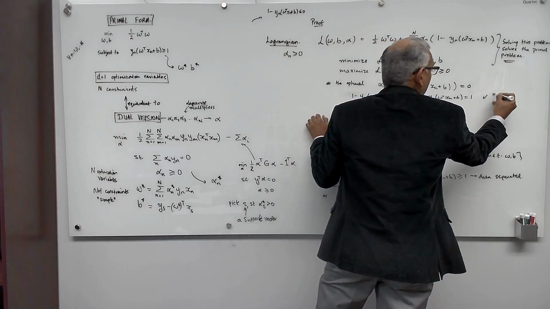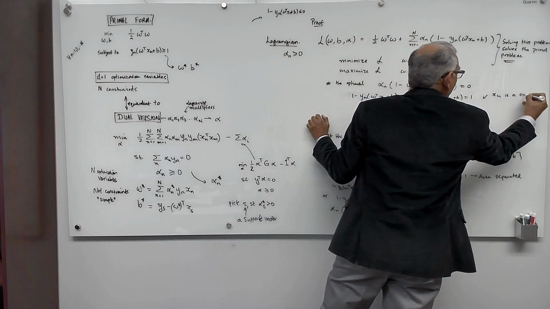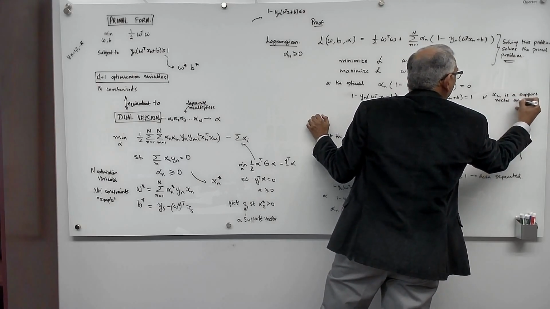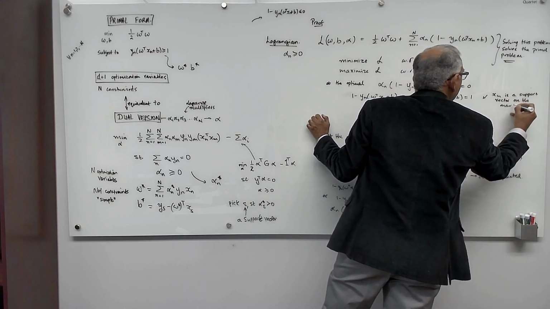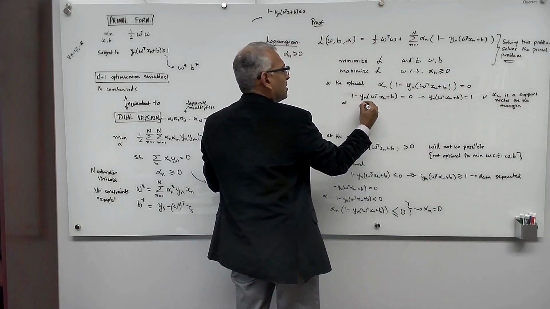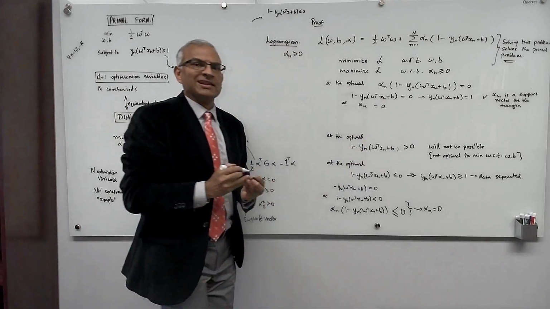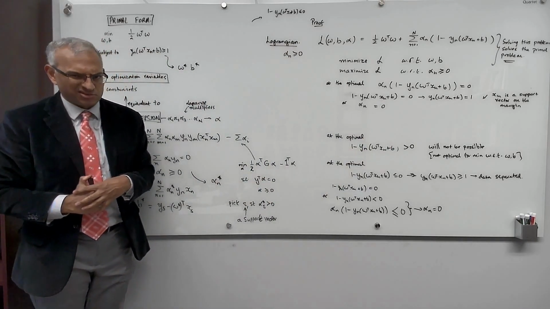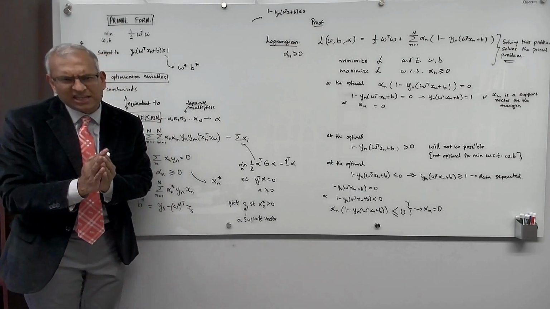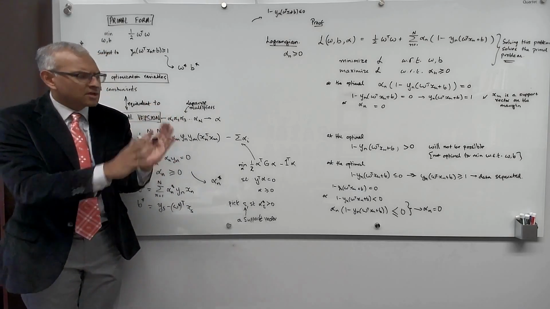So this xn is a support vector on the margin. Or the other term is 0, alpha n is equal to 0, and the Lagrange multiplier for that data point is 0. That data point is essentially useless, but we won't treat data points as useless. All data points are useful.